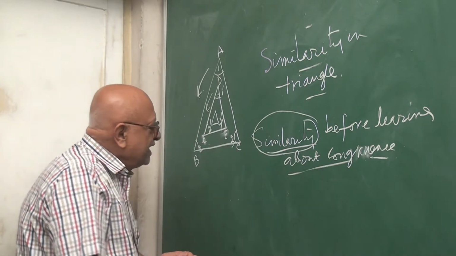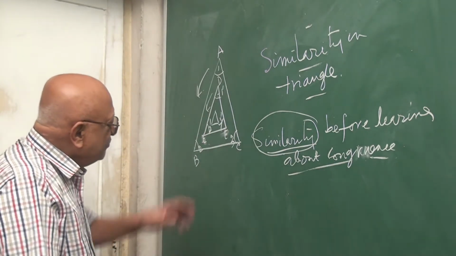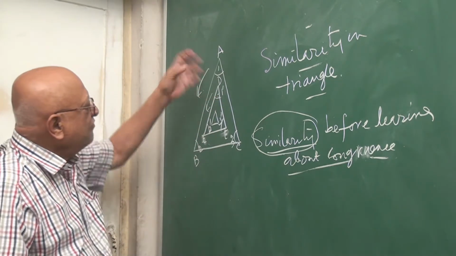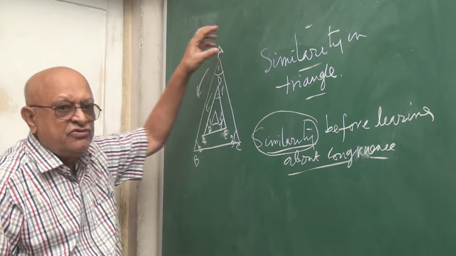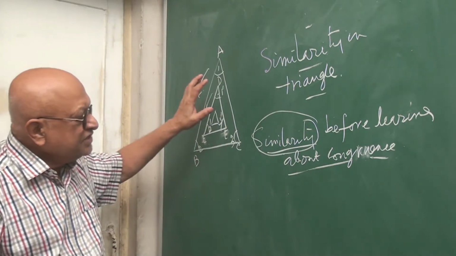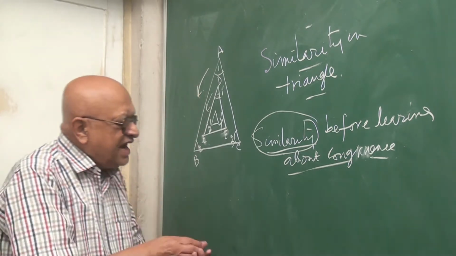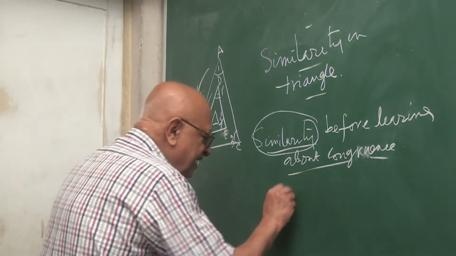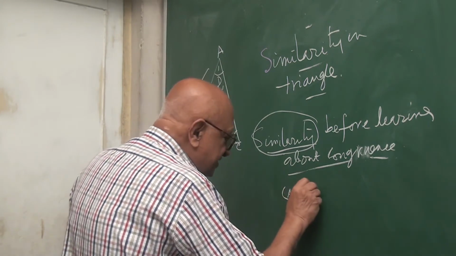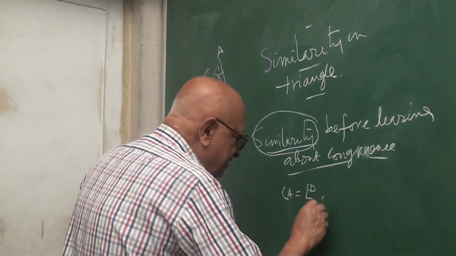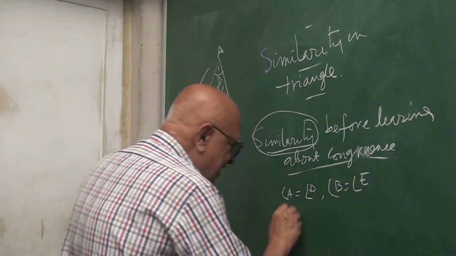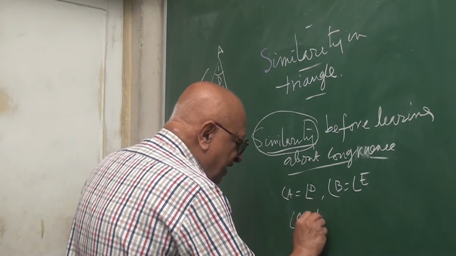Corresponding means the same angle of the other figure. So corresponding is very important. Angle A should be equal to angle D, angle B equal to angle E, and angle C equal to angle F.